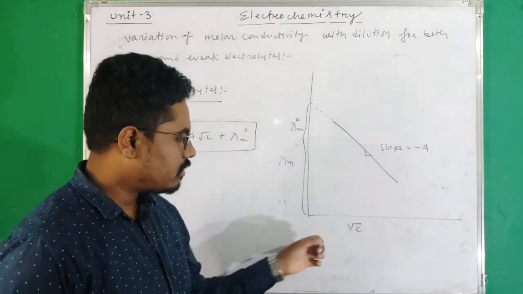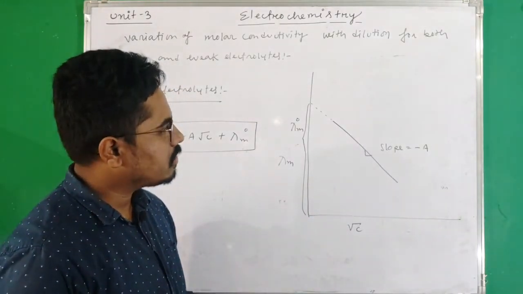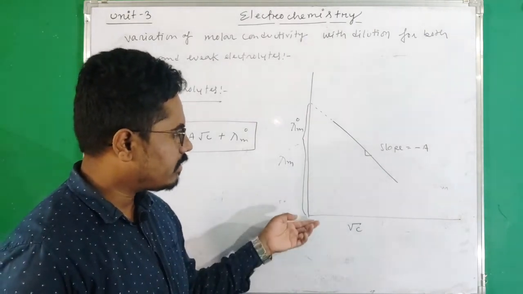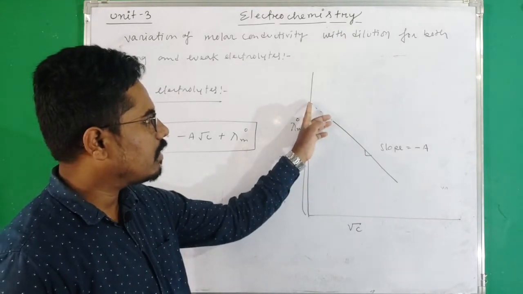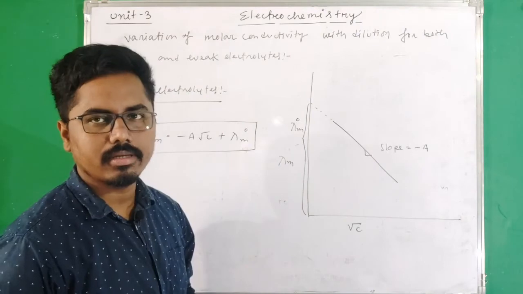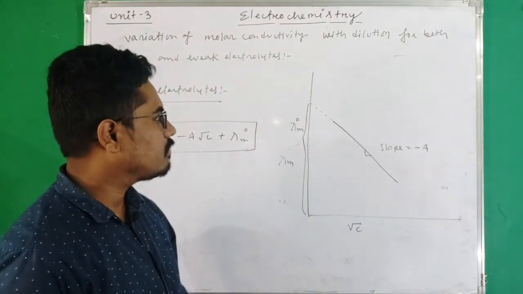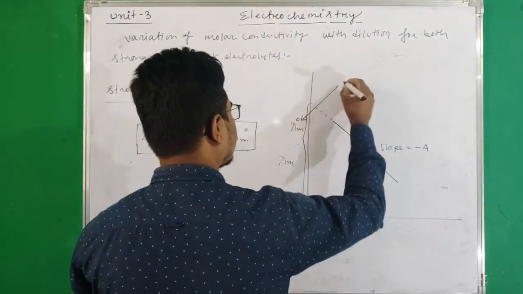When the concentration becomes 0, that means at infinite dilution, the molar conductivity will increase up to a maximum value. After this value the molar conductivity will not increase, and this maximum or limiting value is known as limiting molar conductivity.